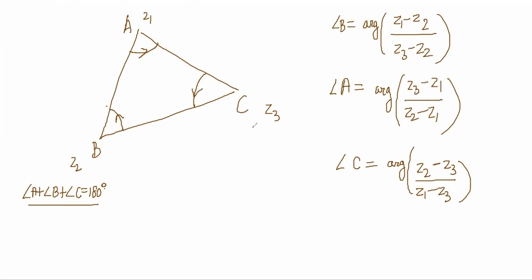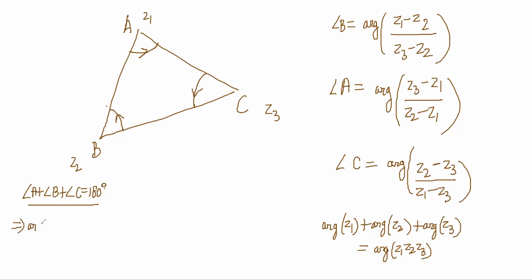See how, because angle A plus angle B plus angle C is the sum of all the arguments. And we know the property that the argument of Z1 plus the argument of Z2 plus the argument of Z3 is equal to the argument of Z1 Z2 Z3.